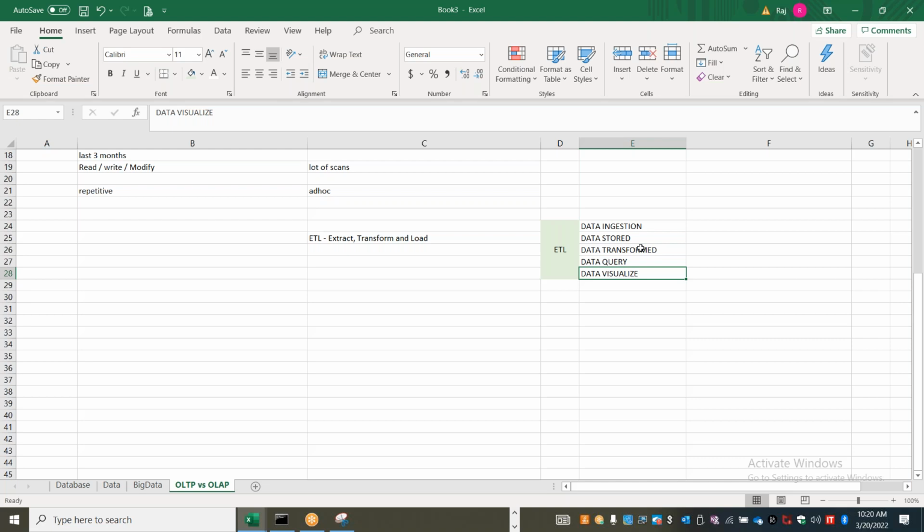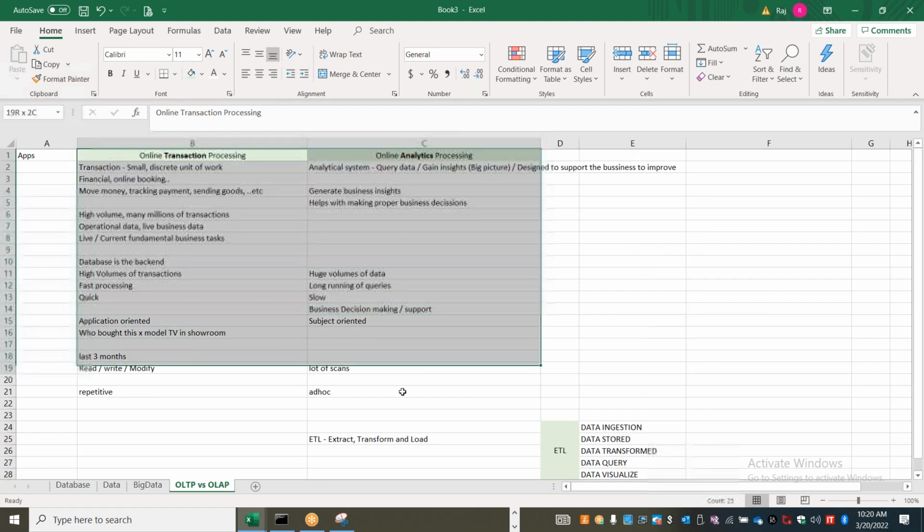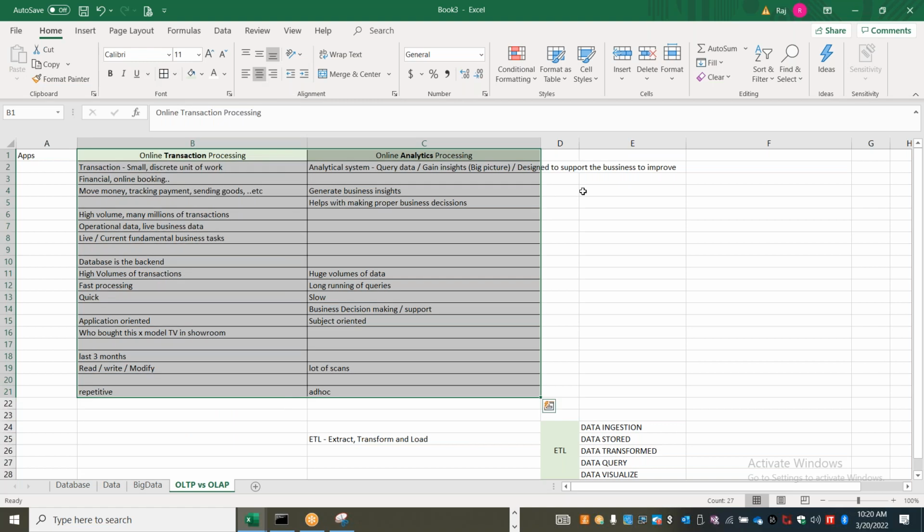Before you transform, you have to store it in a common location. So it is all chained together, all interlinked. I'll come to that later, but for now, on a very high level, you need to understand what exactly OLTP is used for, and what exactly OLAP is used for. Are we clear? Can we move on to the next topic?